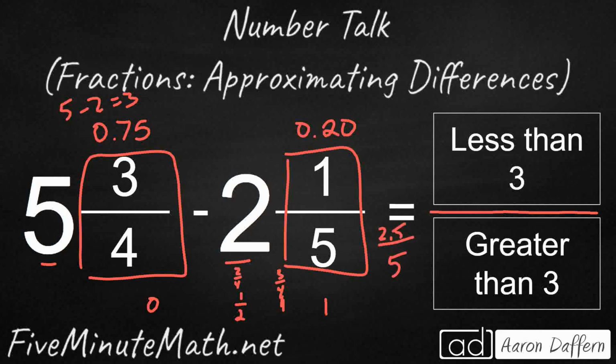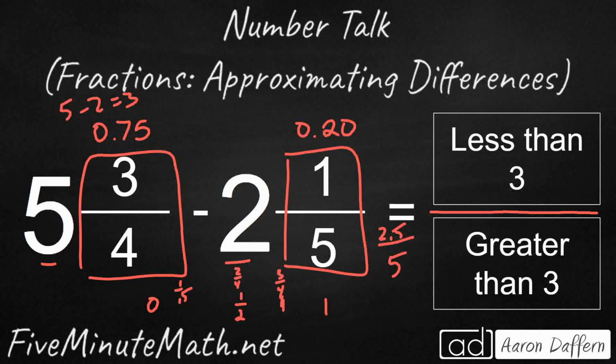It's going to be 2.5. So if we think of 2.5 over 5 is also equal to 1/2, then my 1/5 is going to be between 0 and 1/2. Let's call it right there, 1/5.